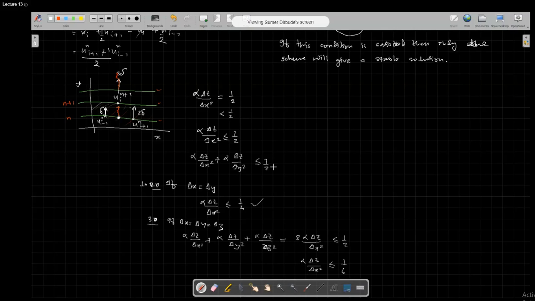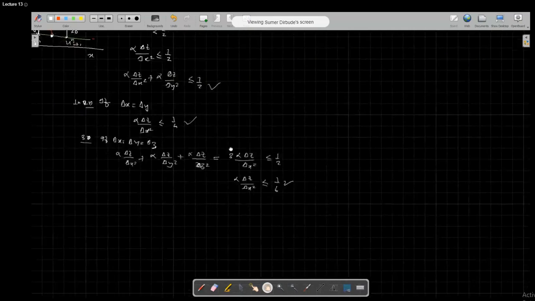So 1 by 1, 1 by 2, 1 by 4, 1 by 6. These are the conditions for stability.